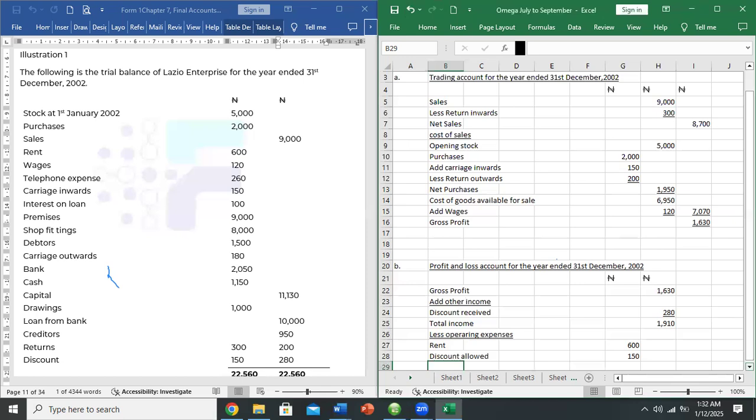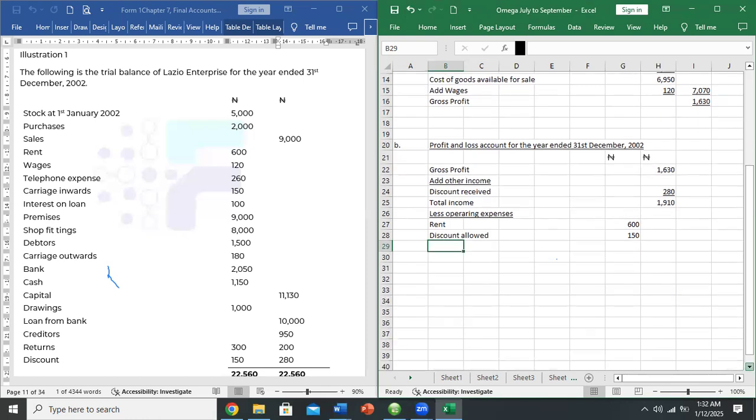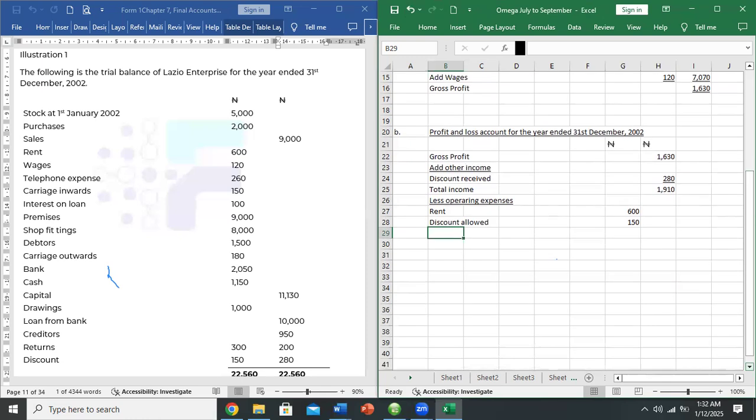So when you see wages and salaries, you take it to the profit and loss account. But if you see wages alone, yes, it's an expense, but it goes to the trading account. It doesn't come to the profit and loss account. Please, is that clear to all professors? Okay, so Professor, I think you pick another one.